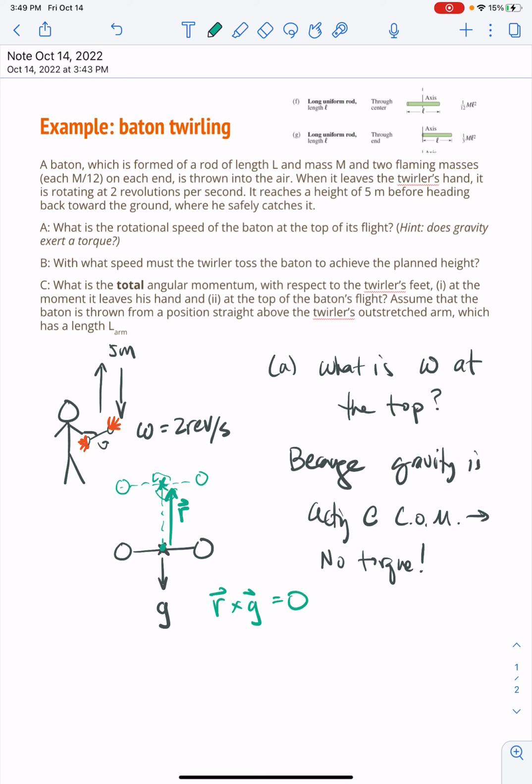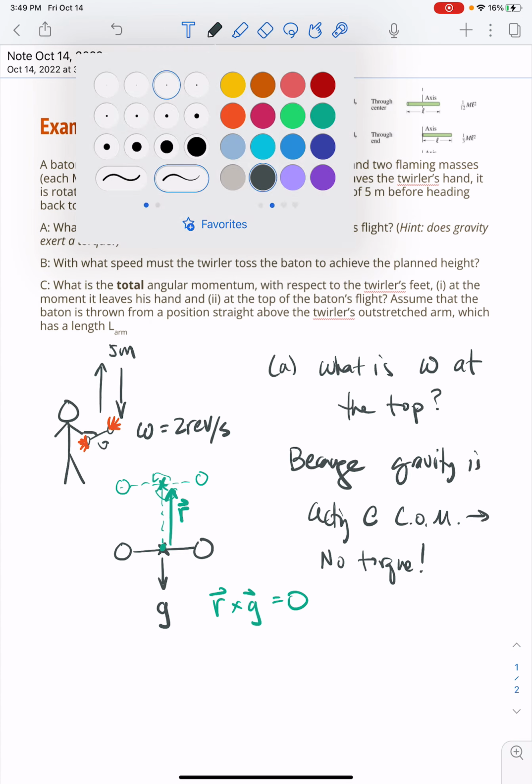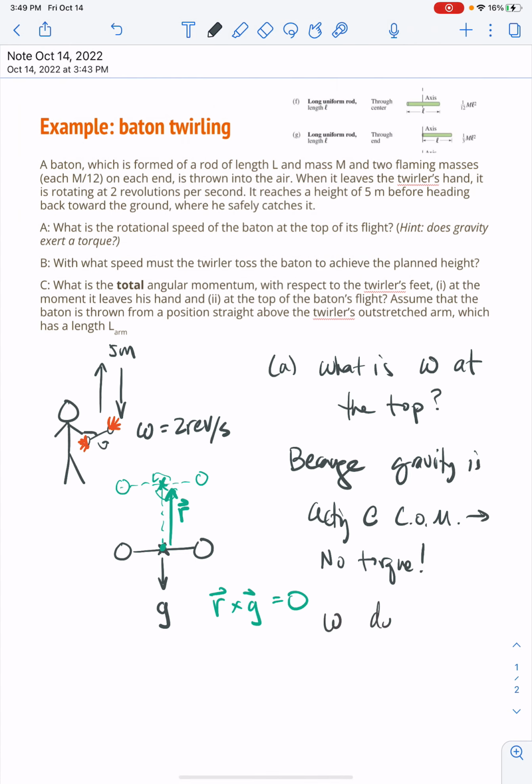Those are parallel to each other, so that's another way of thinking about that the torque is still 0, even as the baton moves up and down. Okay, and what that means is that omega does not change, right? So omega equals 2 revolutions per second at the top.